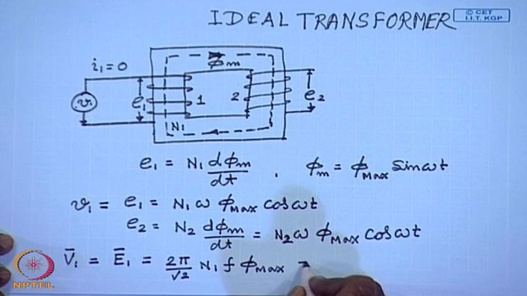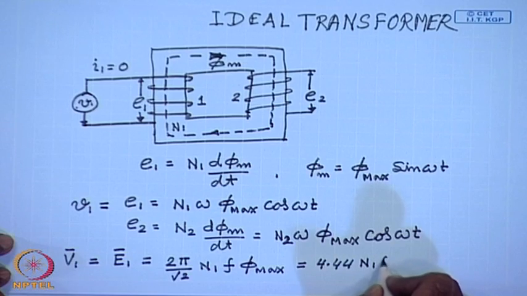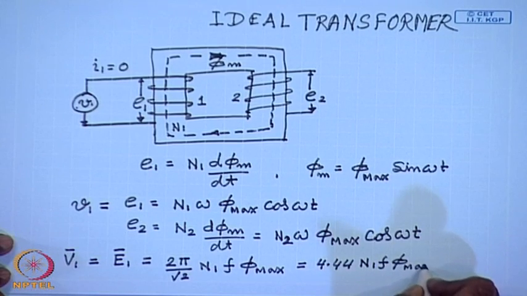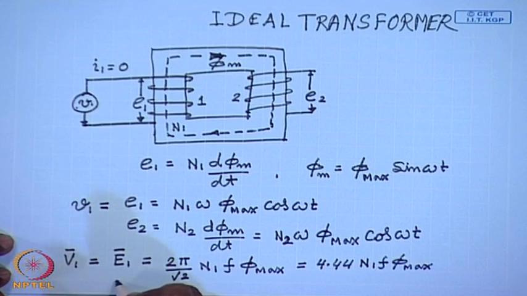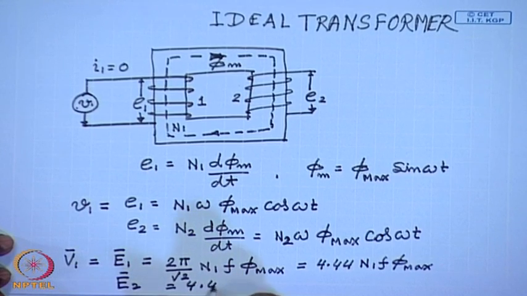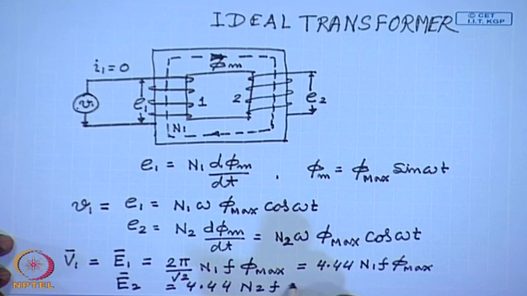This is the well known formula 4.44 N1 f phi max, and V2, similarly E2, equal to 4.44 N2 f phi max.